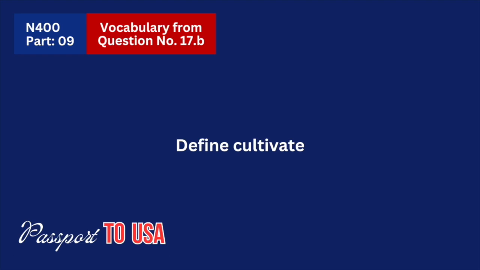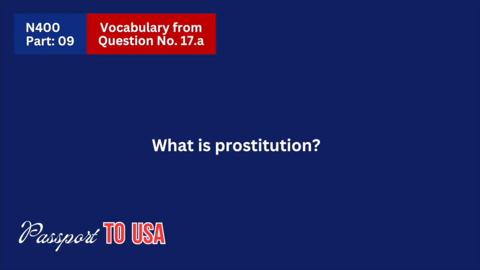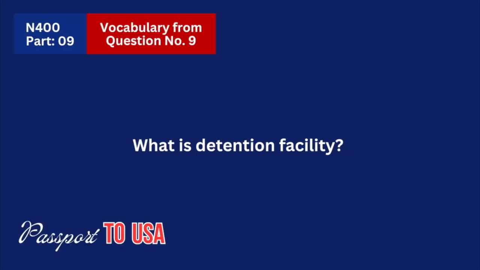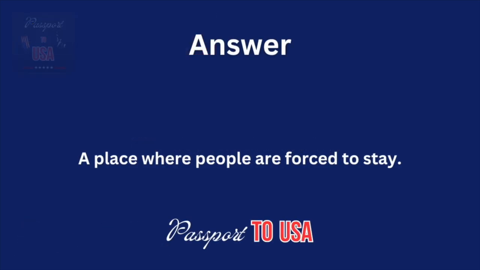Define: cultivate. Grow plant. What is prostitution? Doing physical relation for money. What is detention facility? A place where people are forced to stay.